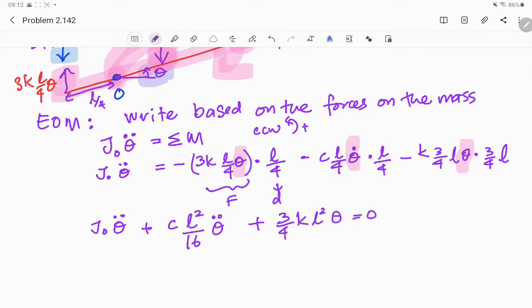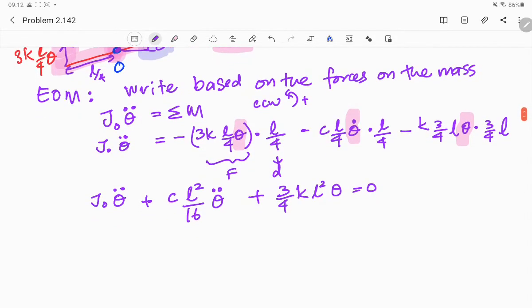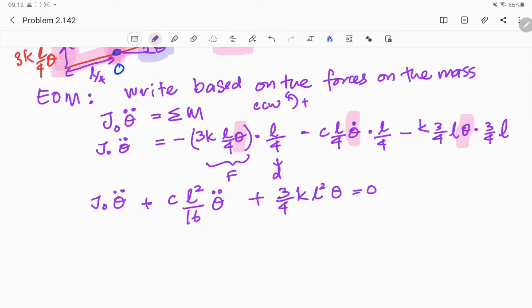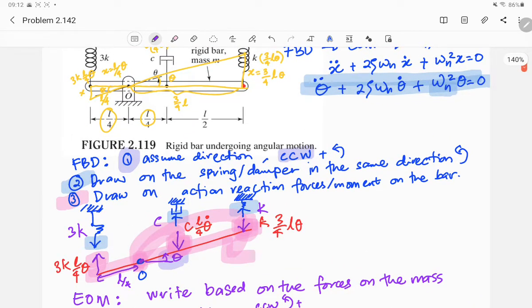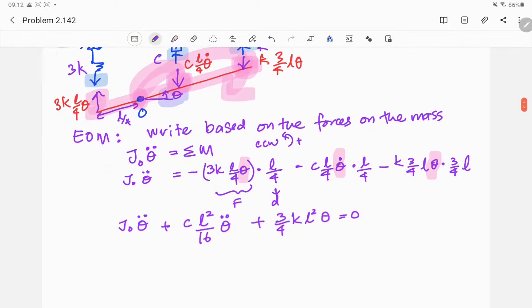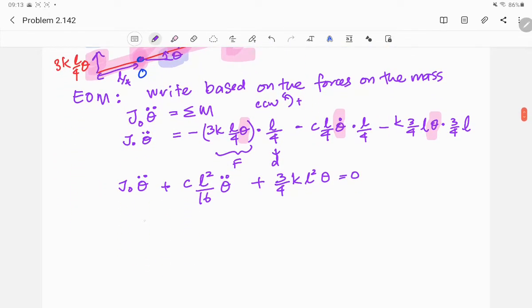It is equal to 0. Okay, so now you do have this general equation, but you want to be able to write it in the form just now. You have to put everything in this form. So you have to divide all through with your J naught basically.